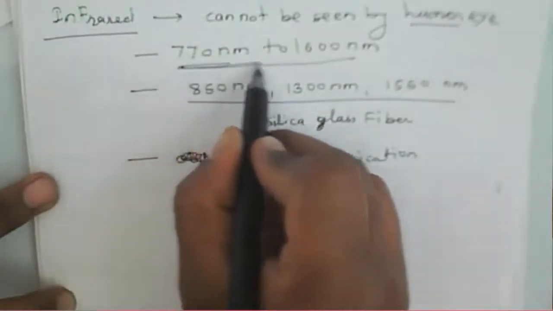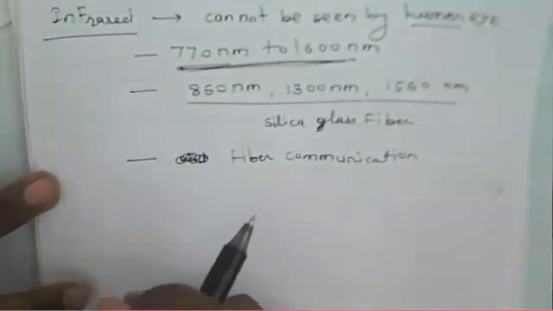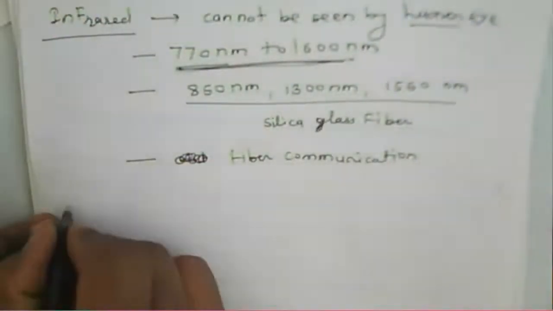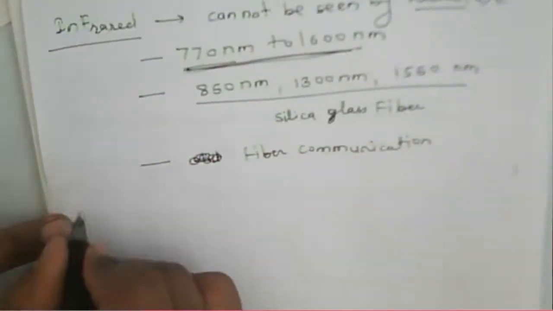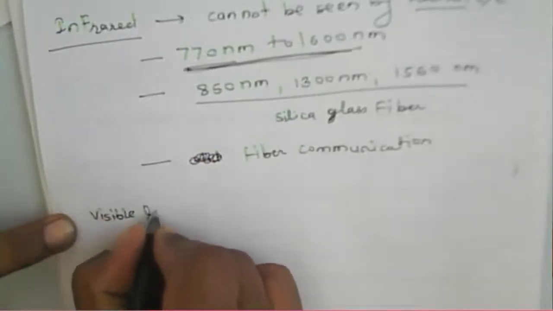This particular band of frequency is used for optical fiber communication. We can say that your optical fiber operates in this particular band of light waves.